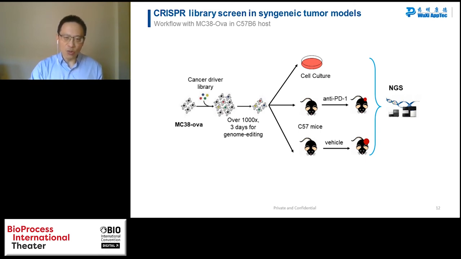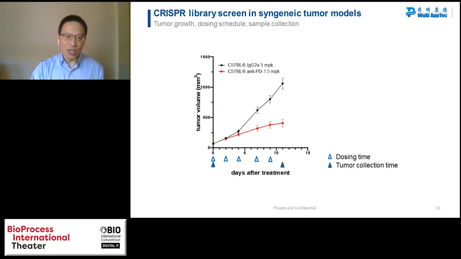Then we implanted these cells into syngeneic B6 mice. When the tumors started to grow, we treated these animals with anti-mouse PD-1 antibody or mouse IgG. In the end, we harvested the tumors when the control tumors reached about 1,000 cubic millimeters.